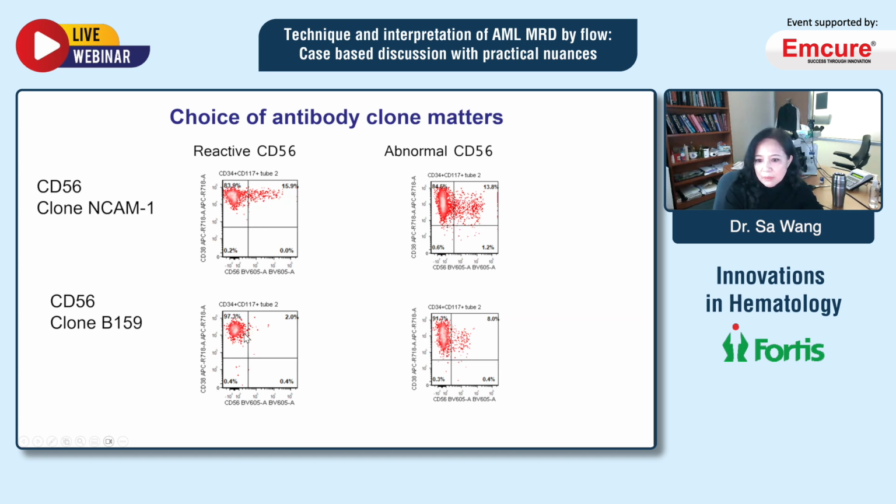Sometimes you still see a little bit, but much less reactive CD56. The neoplastic one you're still able to detect, right? So it is important to choose good reagents to avoid non-specific reaction in the reactive cases.